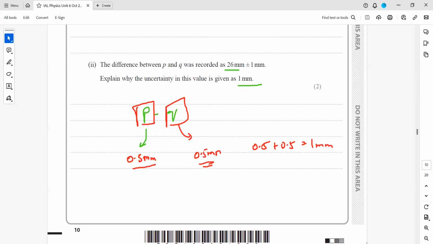The uncertainty of a single reading is the half resolution of a meter rule, that is always 0.5 millimeter. Whenever two quantities are added or subtracted, uncertainty always adds. That's why the total uncertainty will be 1 millimeter.